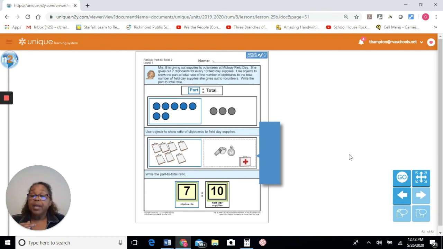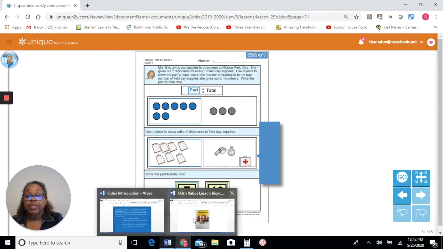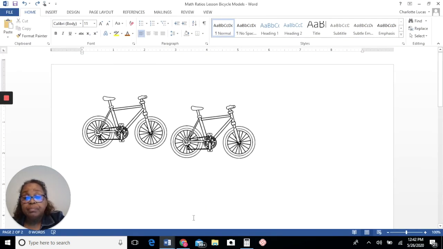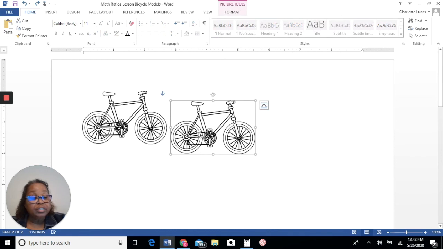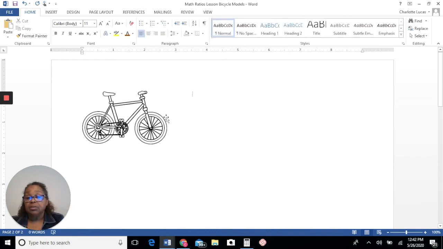If you're thinking about a bike, when we're thinking about part to part, every bike has 2 wheels. The ratio is 1 to 2. That's part to part. So if we're just thinking about bikes, we're thinking part to part. 2 wheels for 1 bike.